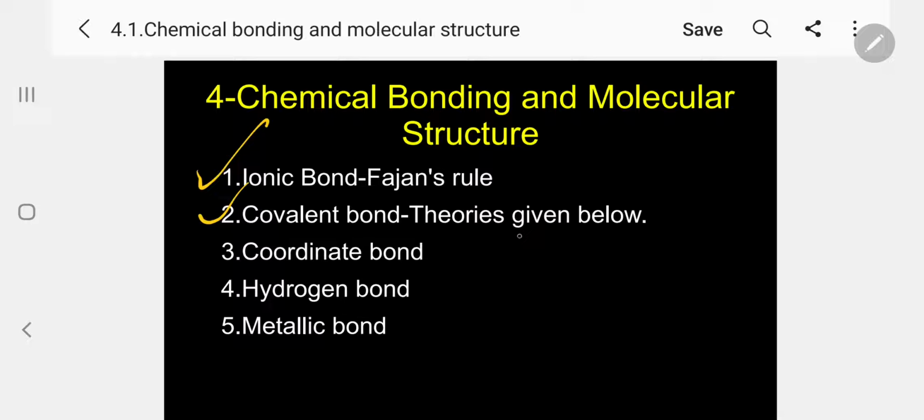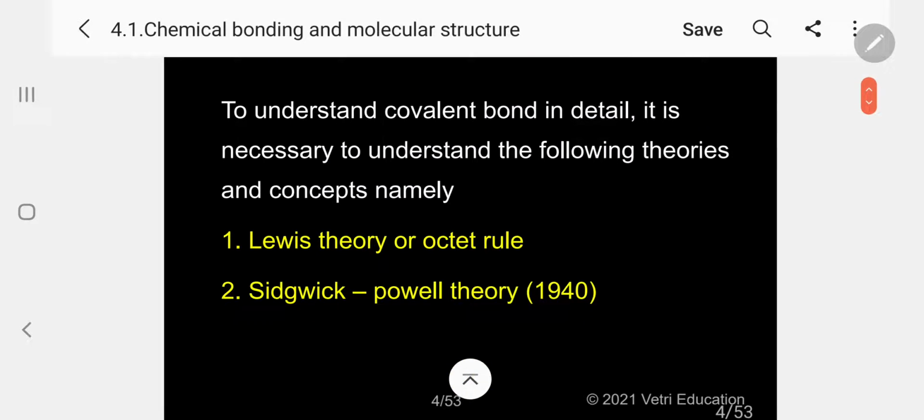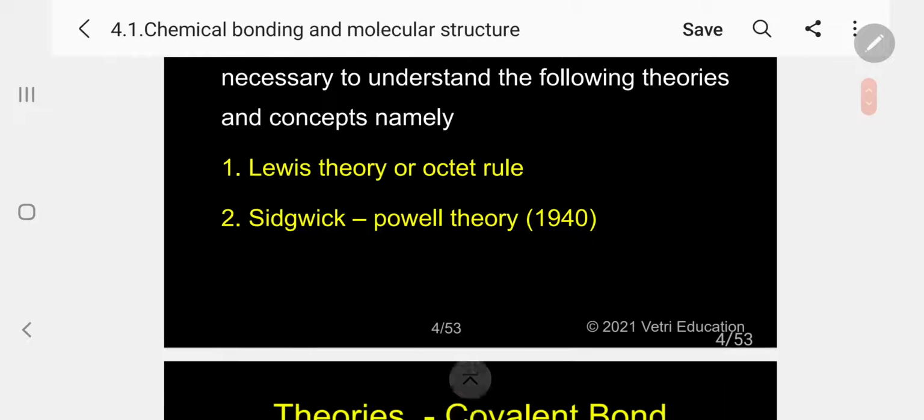Under this, there are theories of covalent bond. What are the theories under covalent bond? Kindly follow. To understand covalent bond in detail, it is necessary to understand the following theory concepts. Namely, 1. Lewis theory, 2. Sidgwick-Powell theory, and 3.